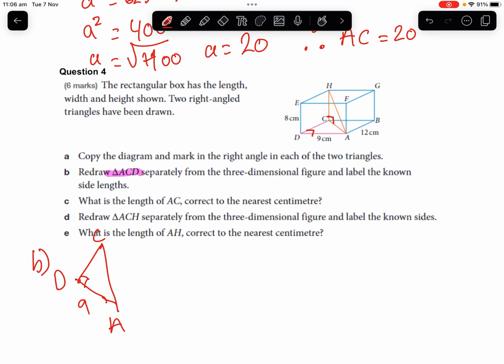And then D to C is equal to A and B, so 12. Alright, so that's part B done.